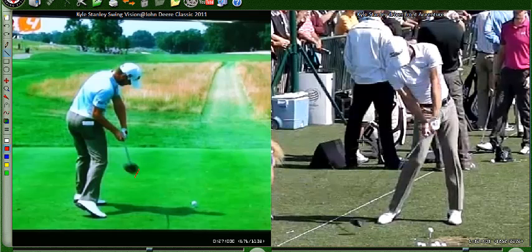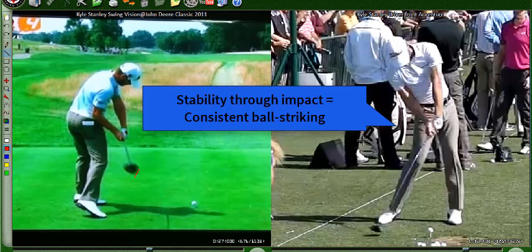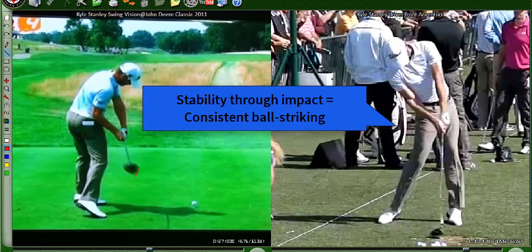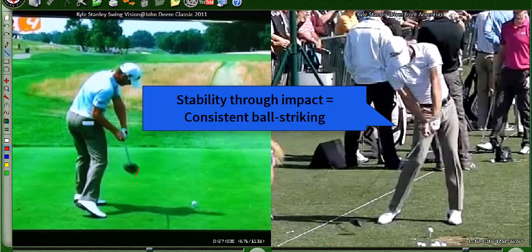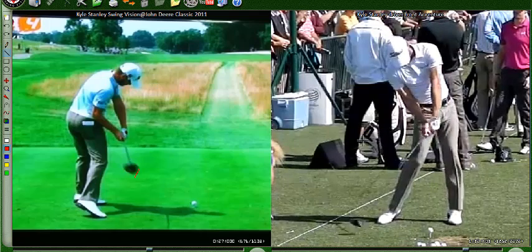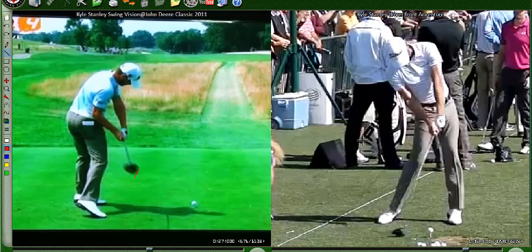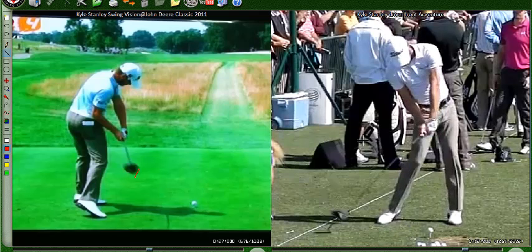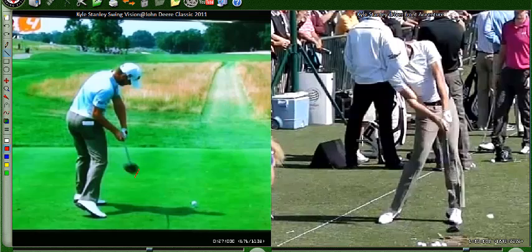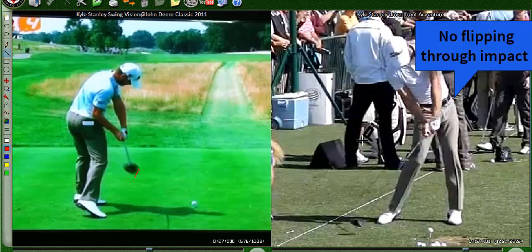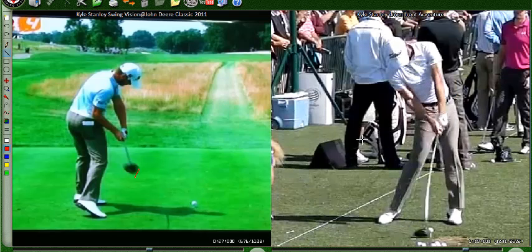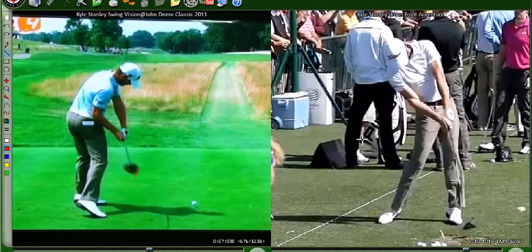So as he comes through, thanks to these moves that we just talked about, he delivers that club square, and we know that since he wasn't rolling it to square towards impact, or as he approached impact, we won't see it rolling over after impact. So we know that this means he has a very low rate of closure, and there's not as much timing needed to hit the ball with a square club face.